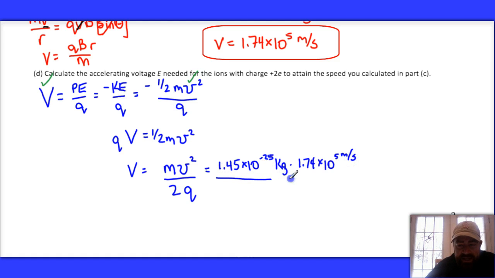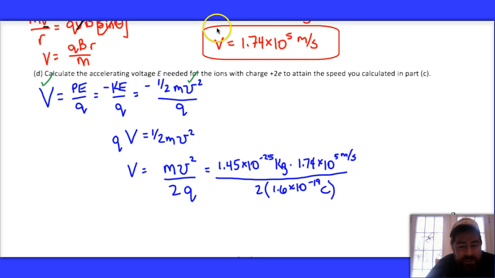And I need to divide that by twice the charge, which in this case is going to be 2 times 1.6 times 10 to the negative 19 coulombs.